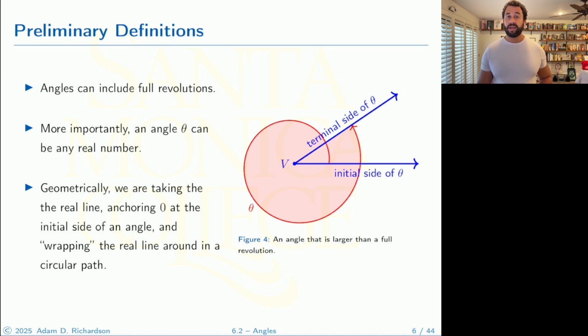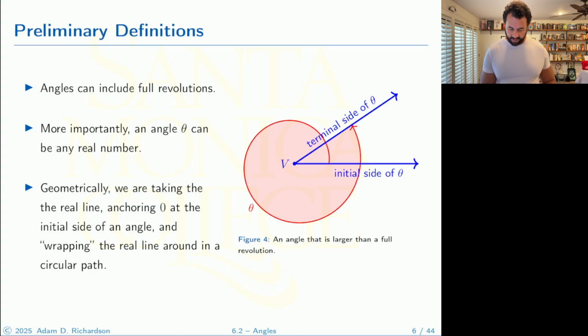So when we're talking about angle measures, angles can be any real number, all right? Doesn't matter if it's negative or positive or zero, doesn't matter if it's irrational, rational, an integer, it can be any real number. So geometrically, what's happening is we're basically taking the real line that we're used to, and we're anchoring zero at the initial side of an angle and then we're wrapping the real line around in a circular path, right?